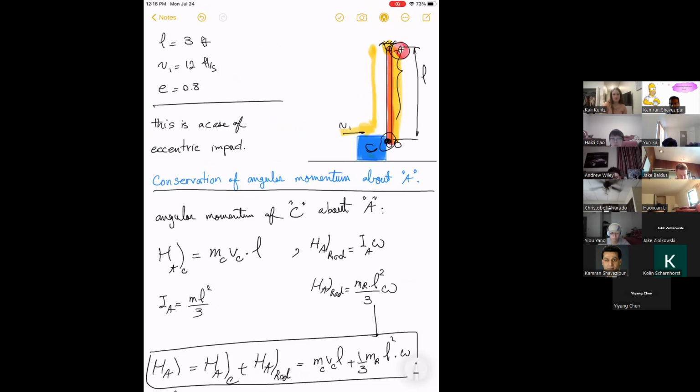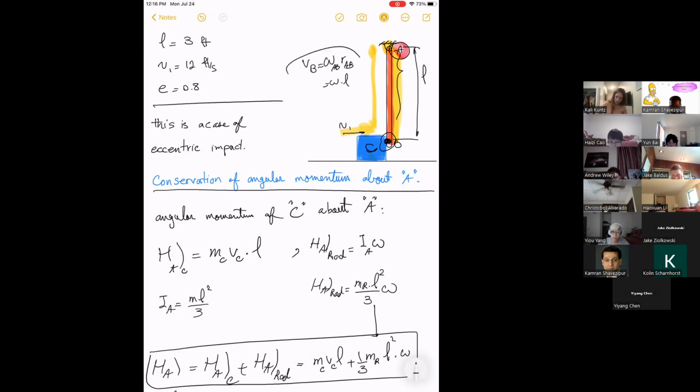And how much is V_B equal to? Omega AB times R_AB. Exactly. Omega AB, which we call omega 1 or 2, and R_AB, which is L, so omega times L. Before and after, this is the velocity.